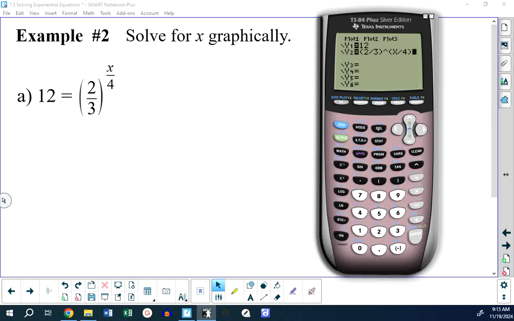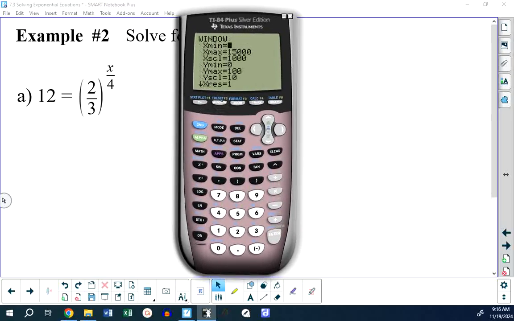Zoom standard might work and it might not. So in my mind, since y1 is 12, I need to go up to more than 12. I don't care what you go up to. We can adjust it later, but I want to be able to see that y equals 12.